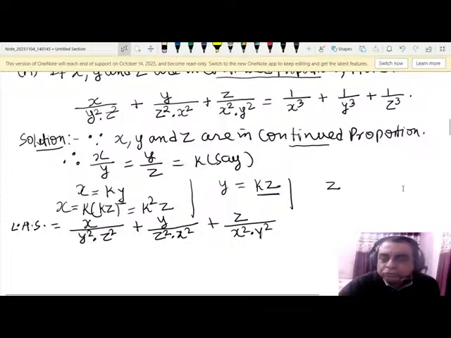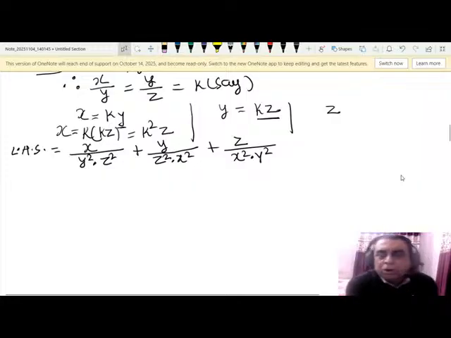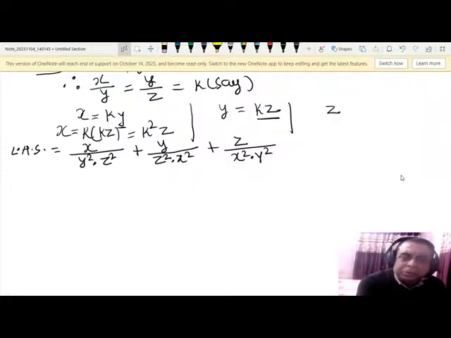Now express all in the form of z. So x value in terms of z is k squared z, whole divided by y squared.